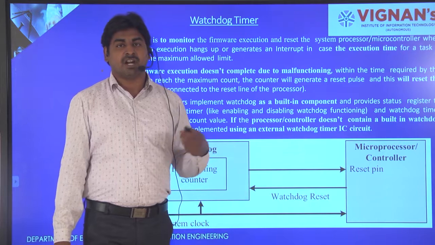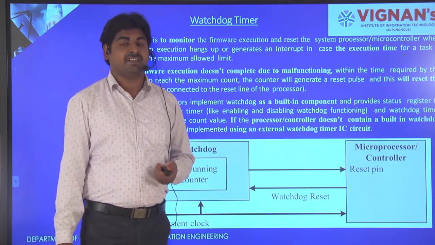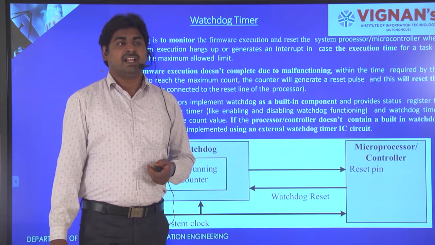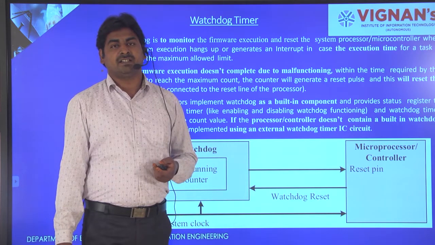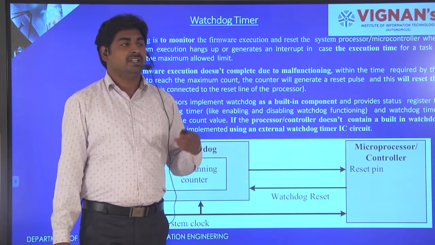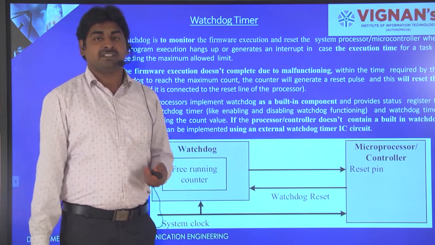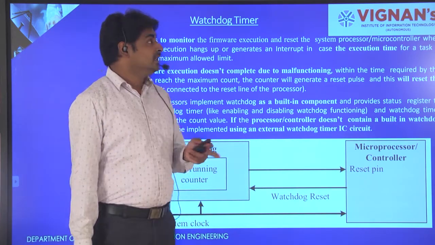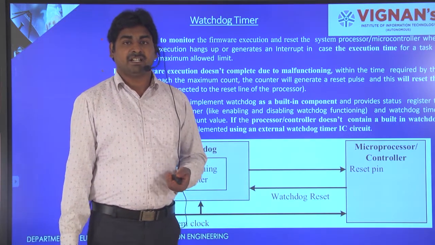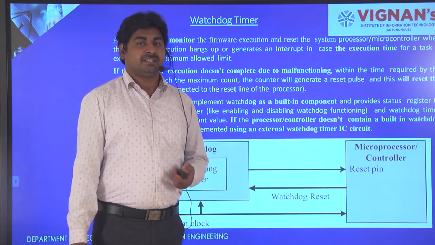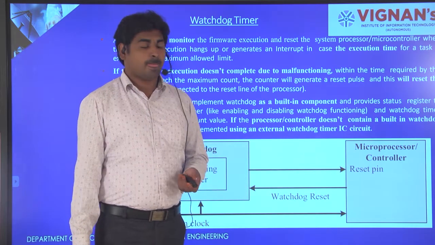If any device is not working properly, then this watchdog timer will identify that particular device, and it will wait for some amount of time to see if the device corrects itself. After waiting that much time, if the device is still not working properly, then the watchdog timer will reset that particular device. Hence it will ensure the firmware is executing properly.